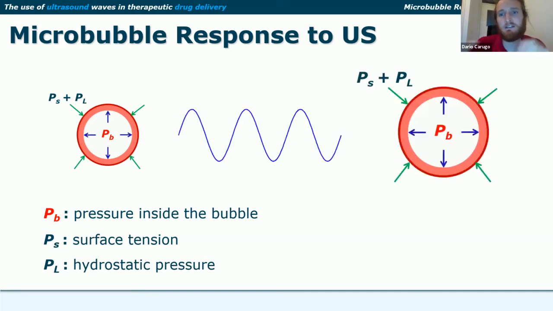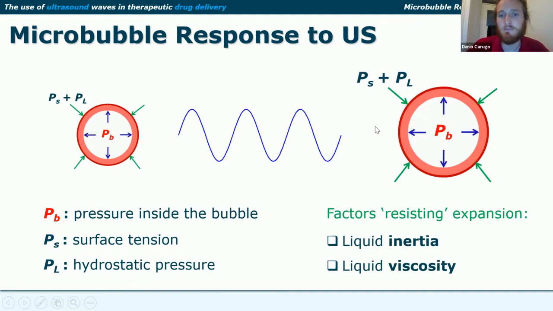Once the bubble starts expanding, it also has to overcome the inertia of the surrounding liquid, as well as the viscous losses due to the viscosity of the surrounding liquid. So there will be some energy losses due to the fact that the liquid in which the bubbles are placed, which could be blood, for example, presents a certain viscosity.